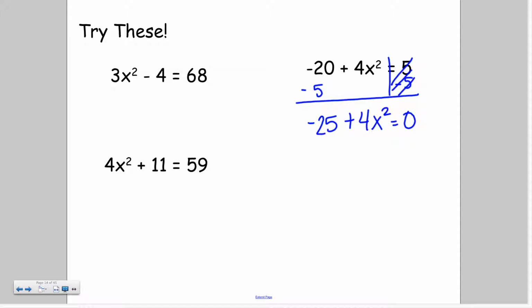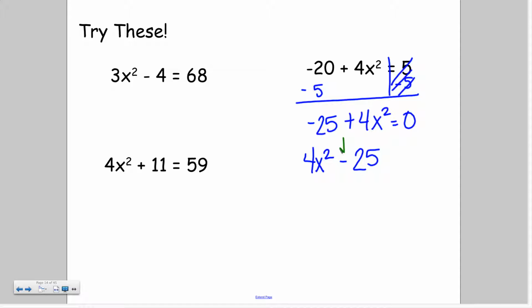Now, before you do this one, you're going to have to set this up in the standard position, which you always want your highest exponent to go first. So it's going to be 4x squared, and it's positive. So 25 is negative, so I'm going to put minus 25.